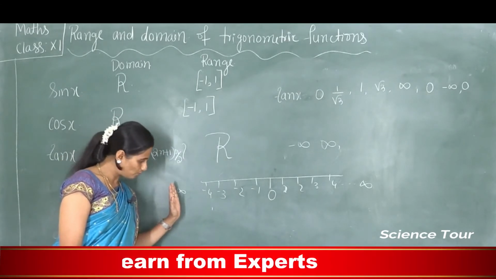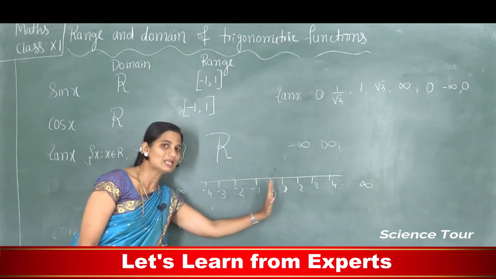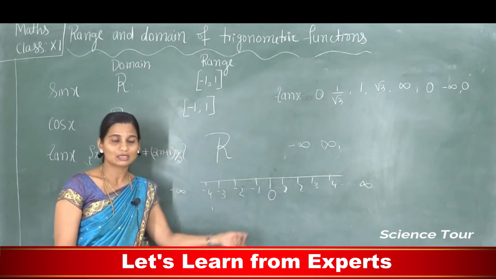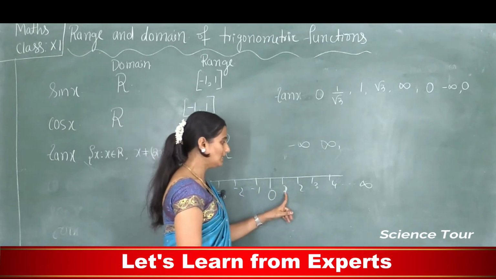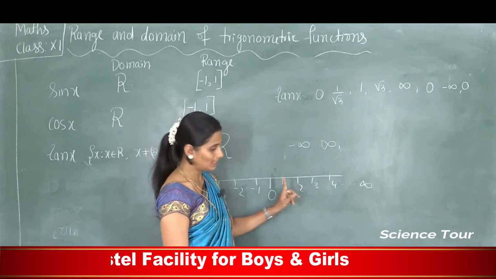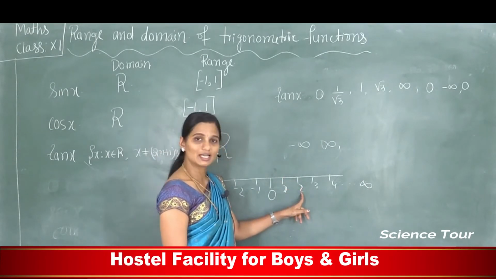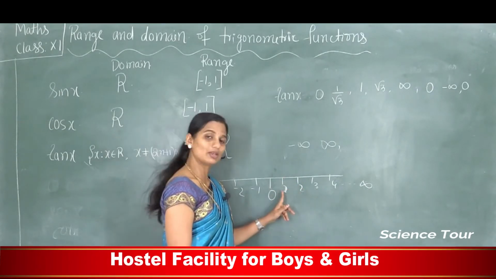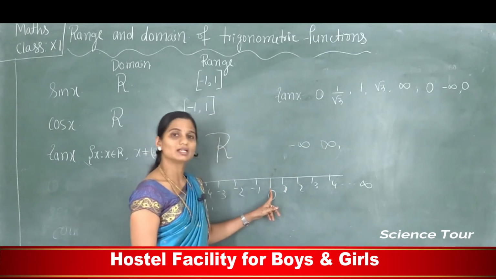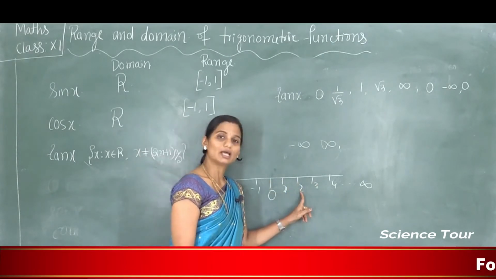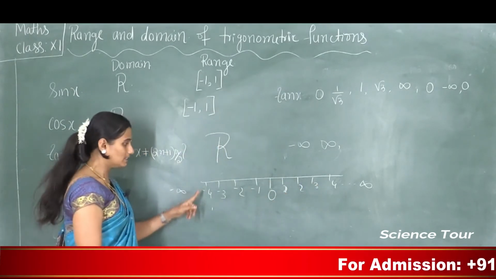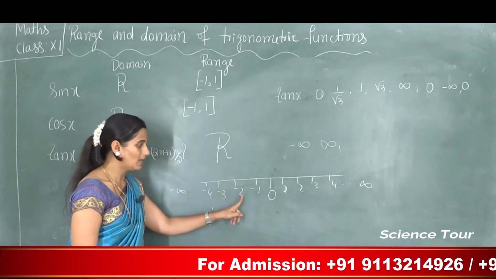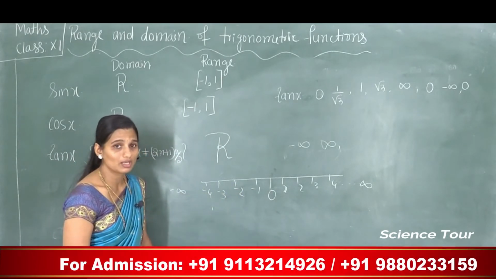As you move from this side to this one, the value increases, correct? 1 is less than 2. 2 is greater than 1. 1 is greater than 0. 3 is greater than 2. This you know. Now, minus 3 and minus 2, which is the smaller number?